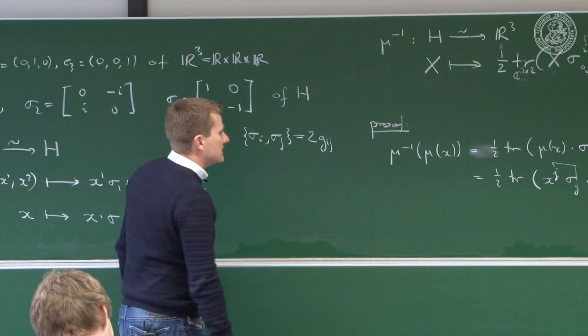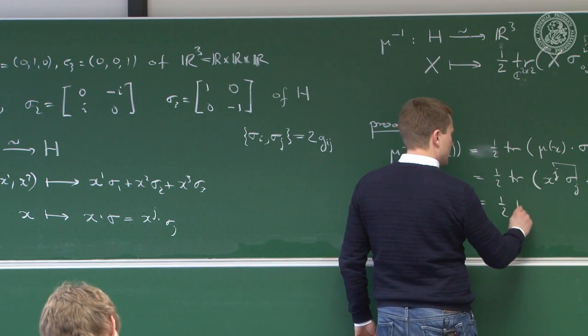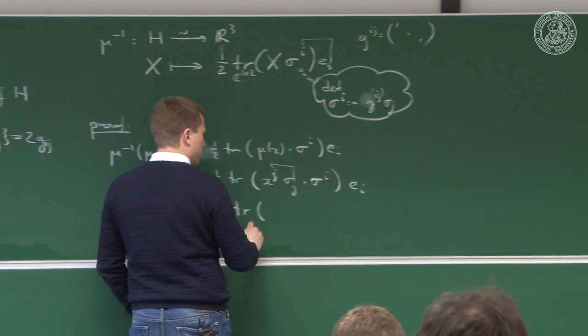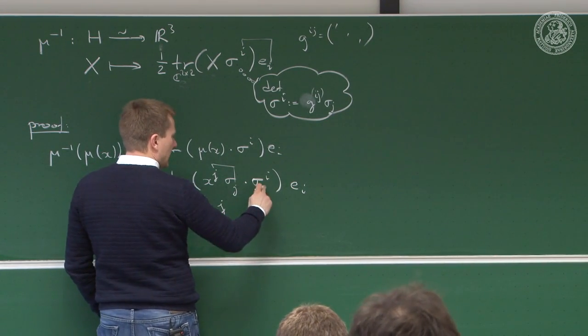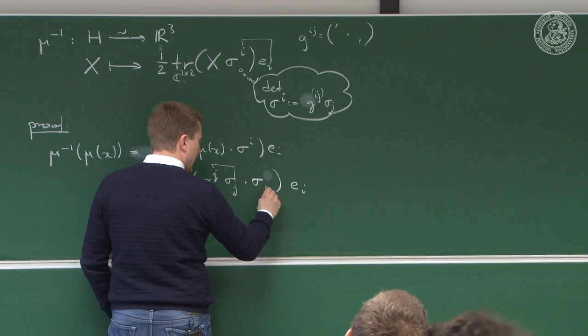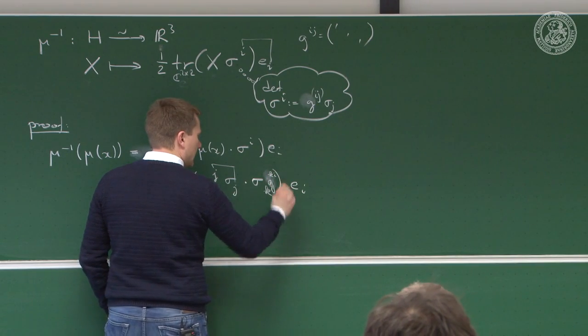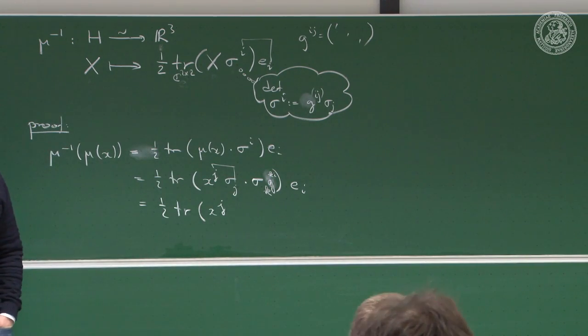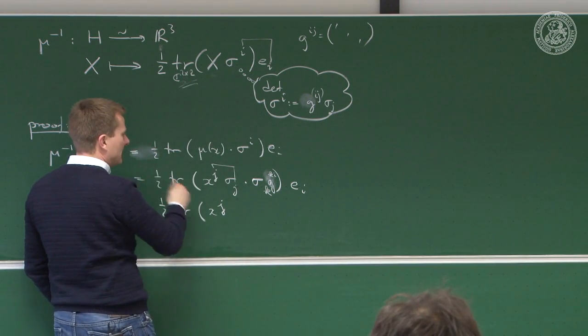So that means that here, because of the cyclicity of the trace, we have, of course, x up j. Well, I can write down here delta I down k if I write gki up here. You agree? But then this is the trace over the 2 by 2 complex matrices.